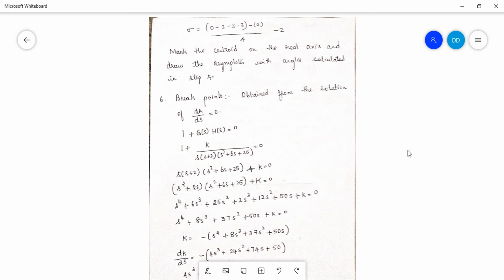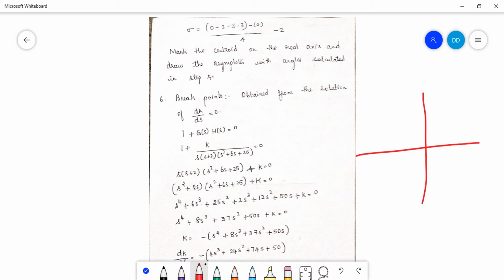Before coming to the breakpoints, it is necessary for us to identify the section where the root locus exists. For that, we will just have a rough sketch of the poles. One pole is located at 0, the other pole is located at minus 2.